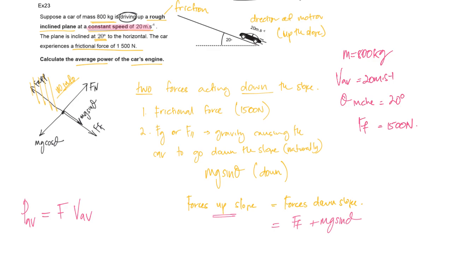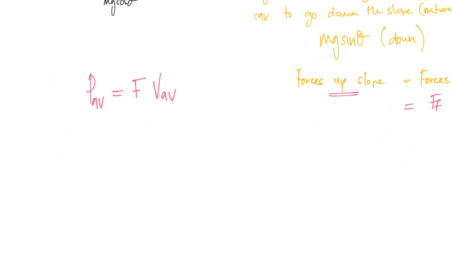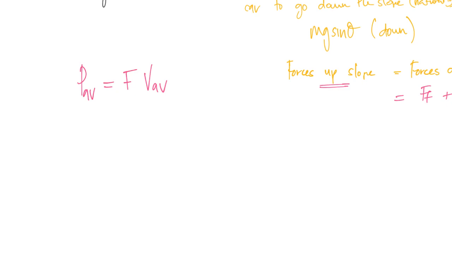And that's the information that I have. In this formula, I know I need to have my force. So I'm going to go: average power is equal to my force of friction plus my force parallel multiplied by V average.